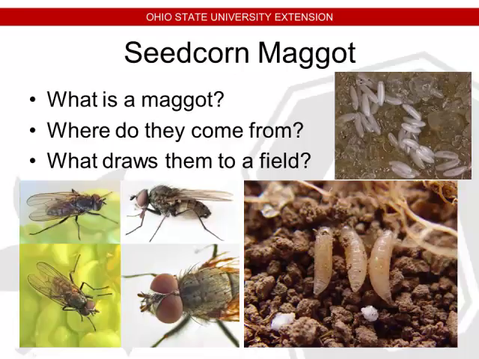Nothing very distinct about it. A little smaller than a housefly, and if you saw it flying around a field, you wouldn't really be able to distinguish that from any other fly that was there until, of course, you had a problem with your stand being missing, and then you would start investigating, looking as to why your stand was reduced.